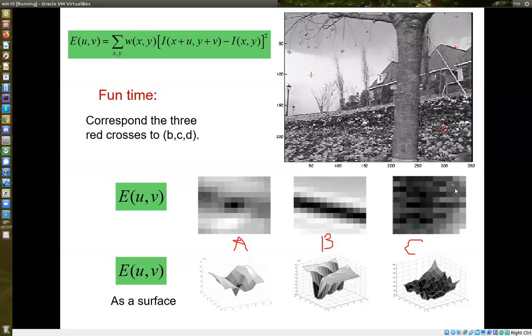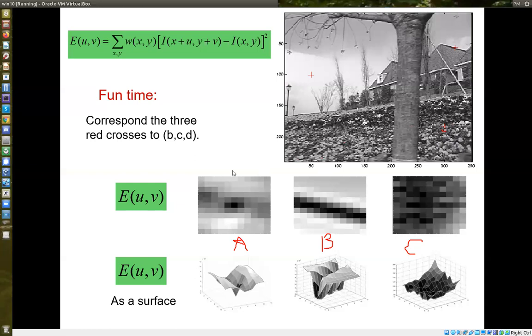There are some changes, but compared to the other two, it's a lot less. On the other hand, for a patch here you can think of it as having lots of variation. If I shift a pixel up or down by a pixel or two, then the value changes drastically, right?